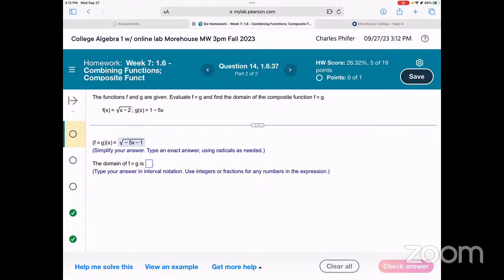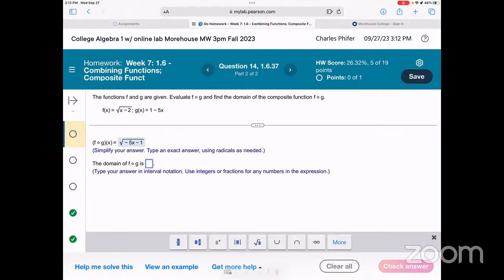Then we want to find the domain of the simplified function. So we got a square root. Remember, we cannot take the square root of negative numbers, so that radicand needs to be greater than or equal to 0, right? So negative 5x minus 1 needs to be greater than or equal to 0, right?